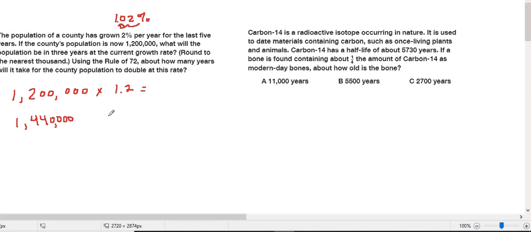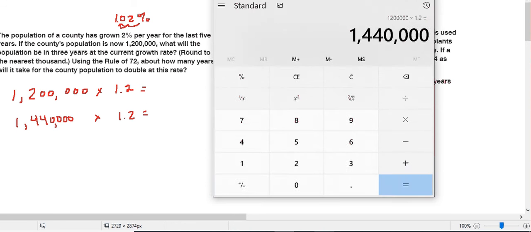That was after how many? 1 year, right? Okay. Now after 2 years, we have to multiply. Same thing. That's how you have to do it so that you end up being correct. But now you've already got it in your calculator, so it doesn't take as much work.